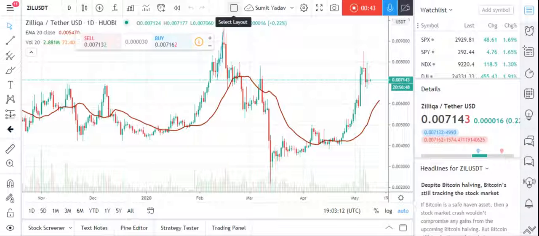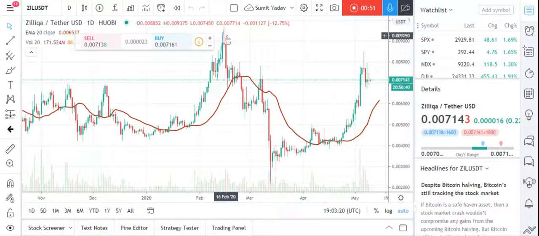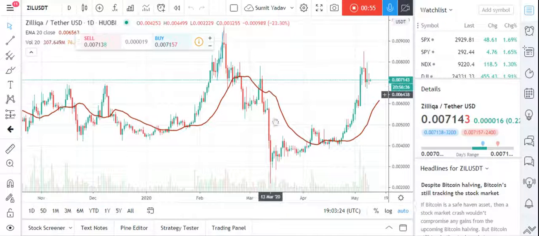In technical analysis, a Fibonacci retracement is created by taking two extreme points, usually a peak, like we have a peak over here, and one here.